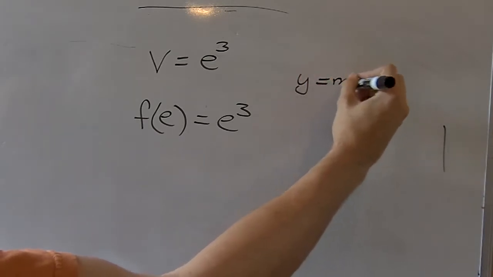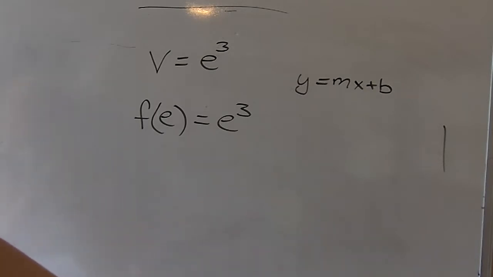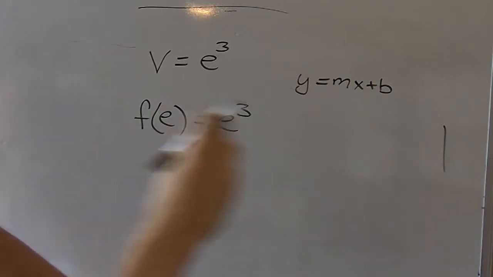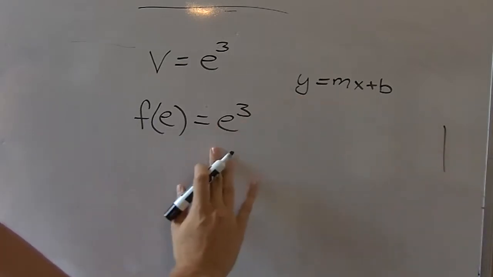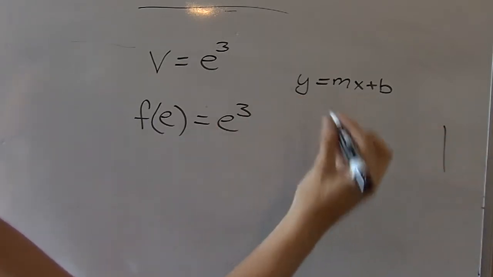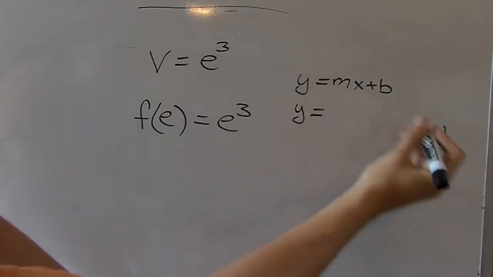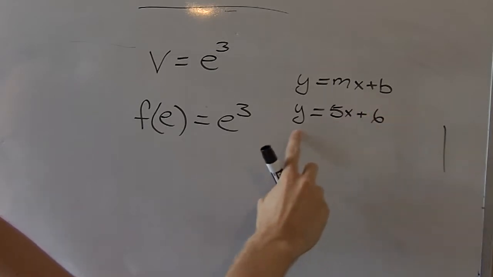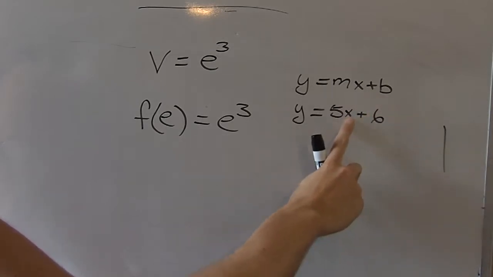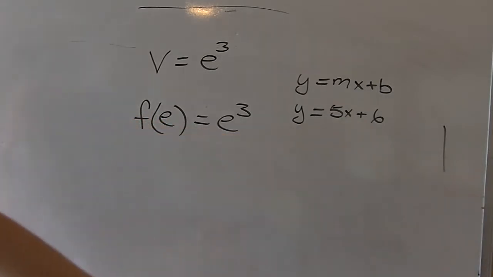So in linear equations, you have y equals mx plus b. If you wanted to write a linear equation in this form, you'd be writing it as a function of x, because typically in a linear equation we're given m and we're given b, and the variable you use to solve for y is x.